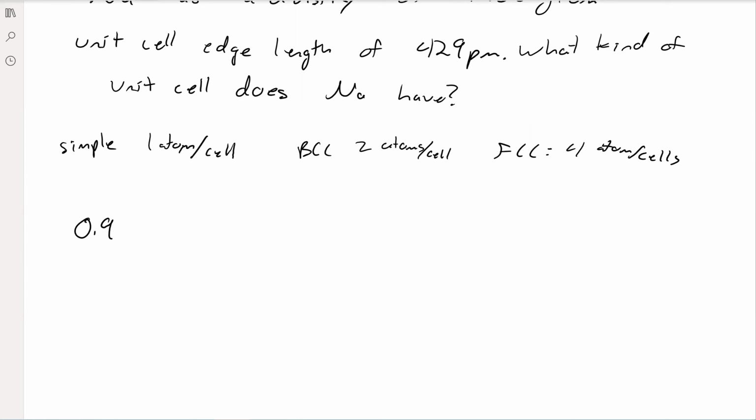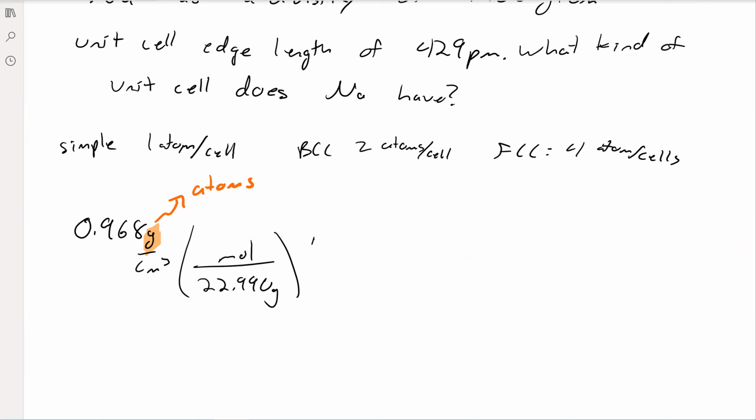So we know that we have 0.968 grams per centimeter cubed. And if we think about it, we can transform these grams into atoms. Right, that's something that we should be able to do using the molar mass and Avogadro's number. So we can go from grams to moles using the molar mass of sodium, 22.990 grams per mole.